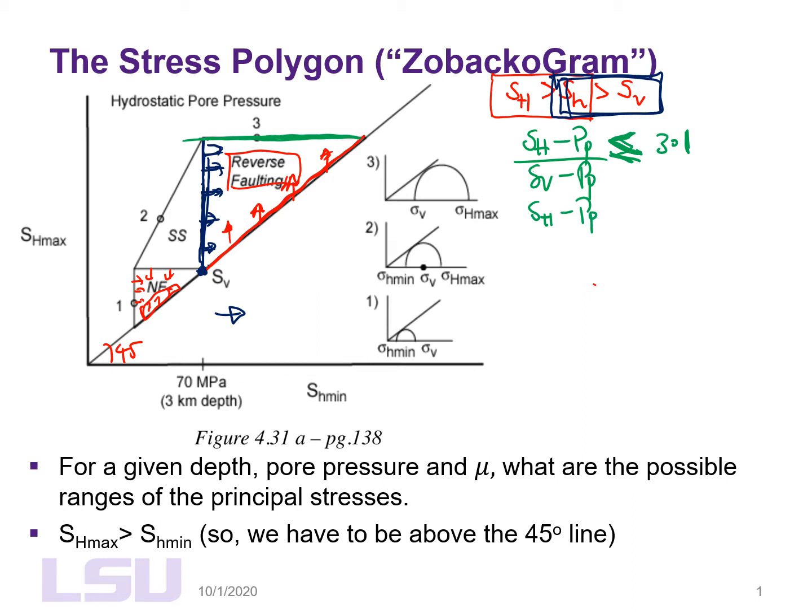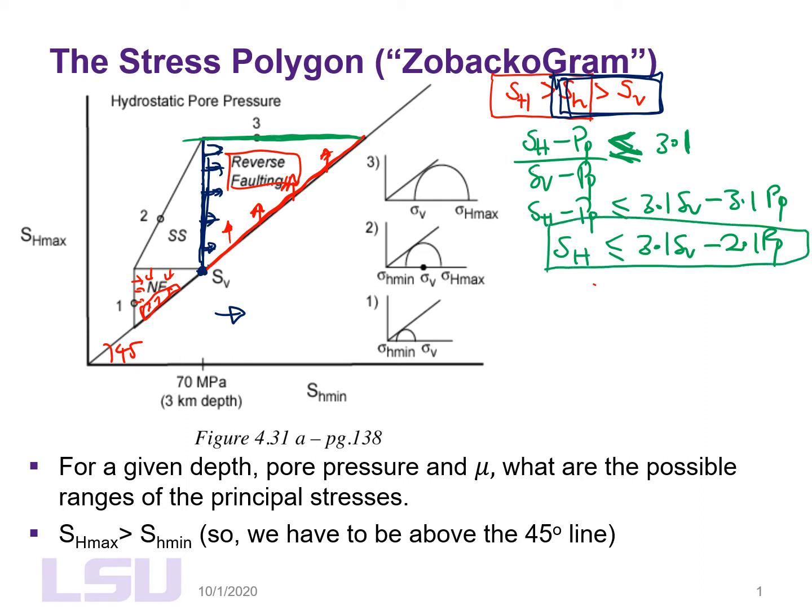SH max minus pore pressure is less than or equal to 3.1 SV minus 3.1 pore pressure. Take pore pressure to the other side, minus 2.1 pore pressure. And it's less than or equal to, so that's your upper bound, right?